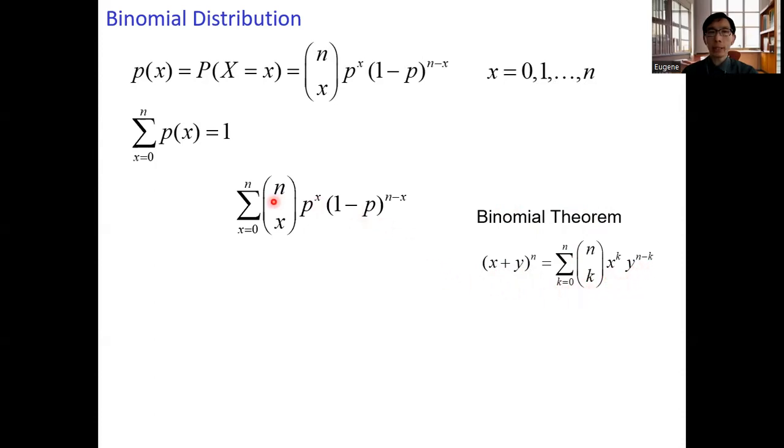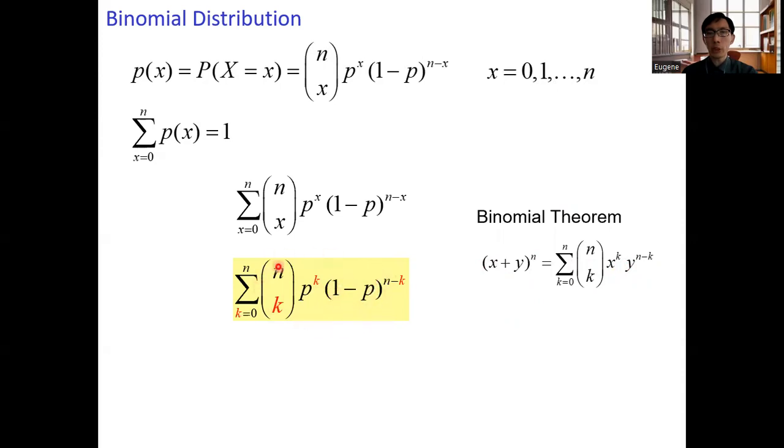If we replace the x in the binomial distribution by k, then you can see the similarity. The x in the binomial theorem corresponds to the p in the binomial distribution, and the y in the binomial theorem corresponds to the expression 1 minus p.